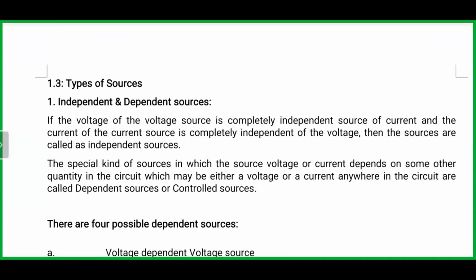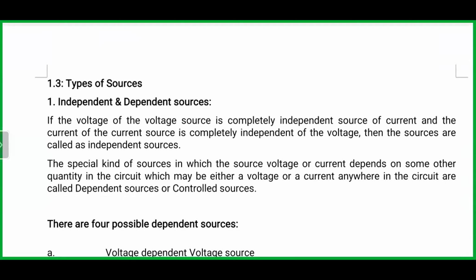We have types of sources. In this section, we are going to learn the sources of energy. You have independent and dependent sources.